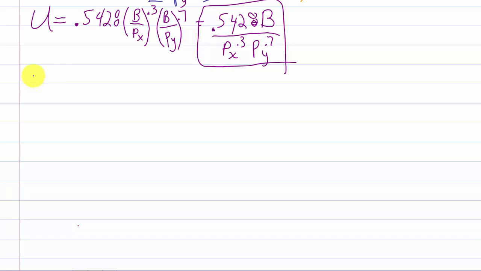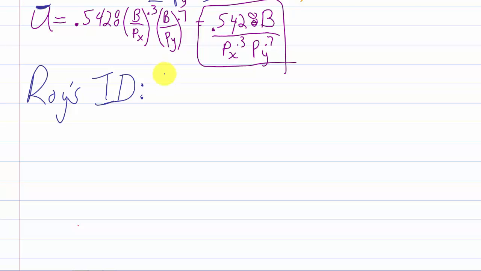And Roy's identity just says that if you want to get the Marshallian demand for X back, then you can take the indirect utility function, and let's call that U bar. U bar is now our symbol for an indirect utility function.